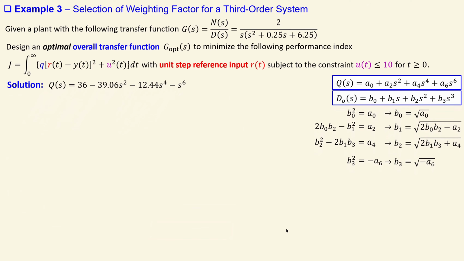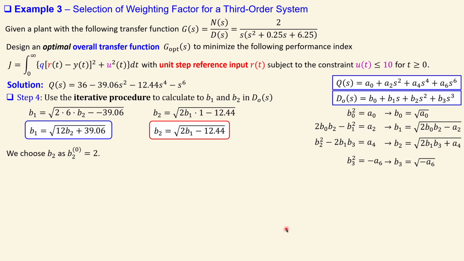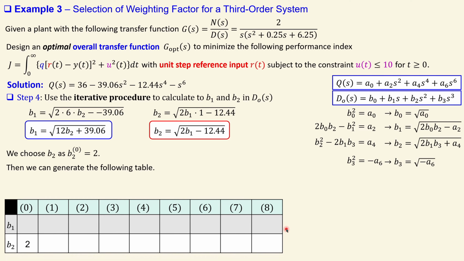Okay, let's bring it together and use the iterative process and generate the table, and choose, in this case, another value for B2. I just select 2 and generate the table. We just start with 2. We move up, so we place this 2 in here and calculate B1. That's this 7.941. Use this 7.941 in here and you will get the new B2 value, which is now 1.856.